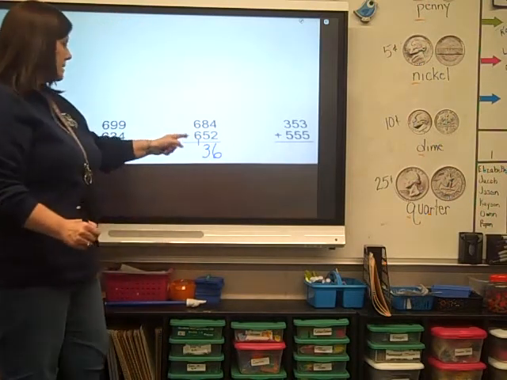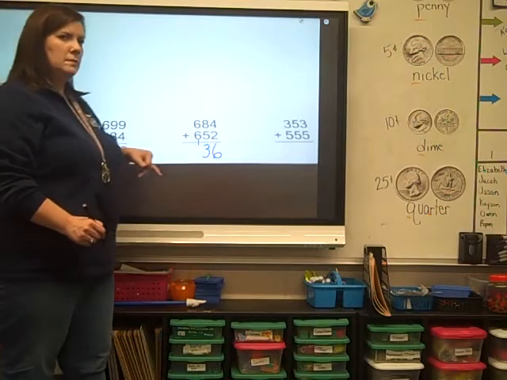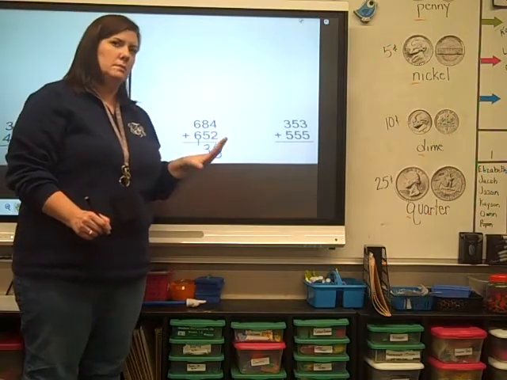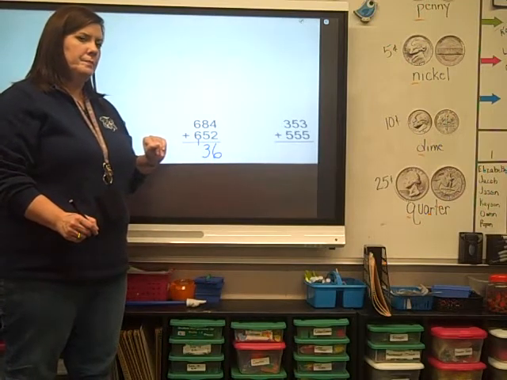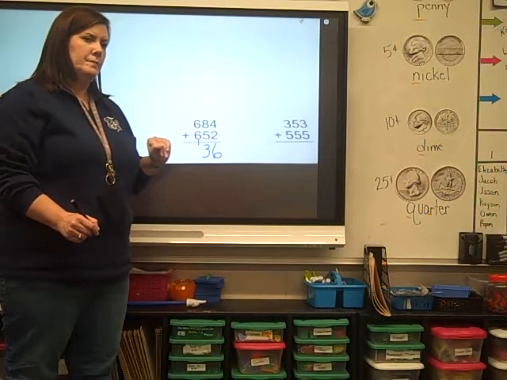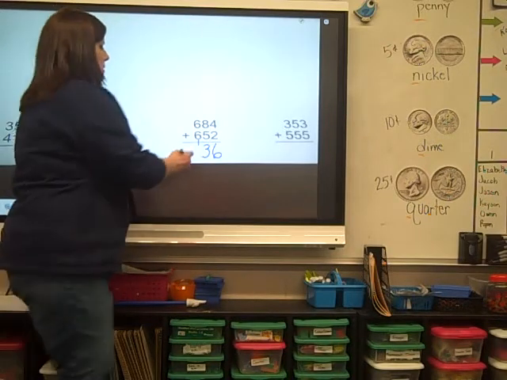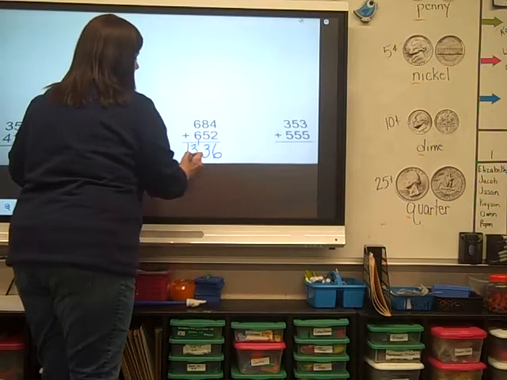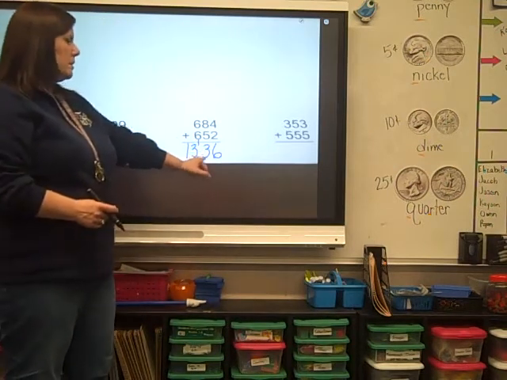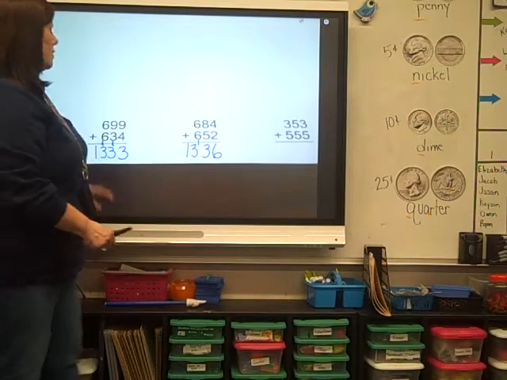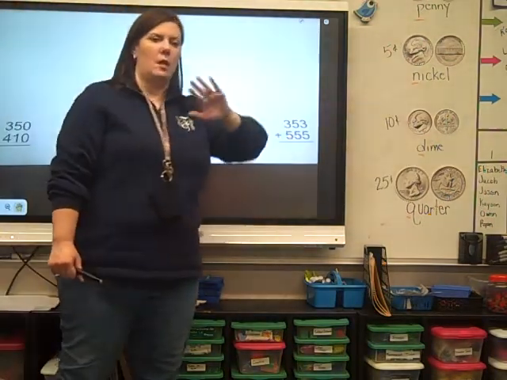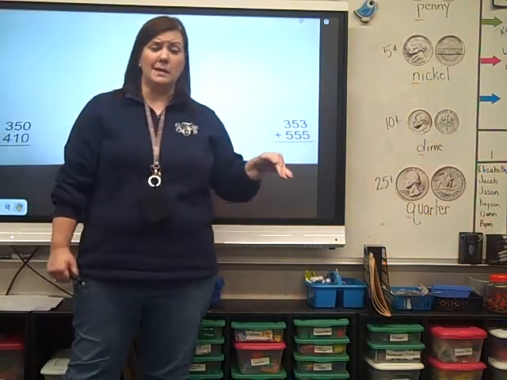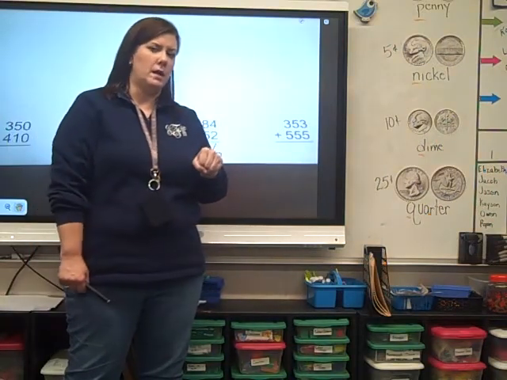Oh, we've got 6 plus 6 plus 1 again. 6 plus 6 is, then add one more. Right, 13. Okay, 1,336. All right, so I want you to do this one and this one all by yourself. You can wait till the end or you can stop the video and do it right now, okay guys?